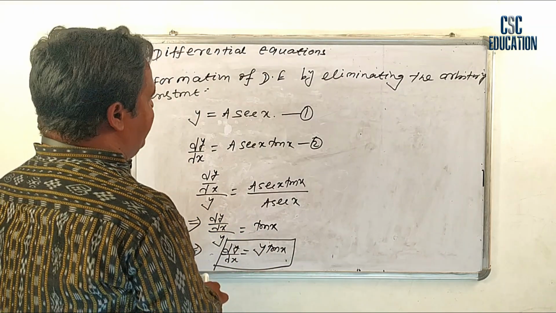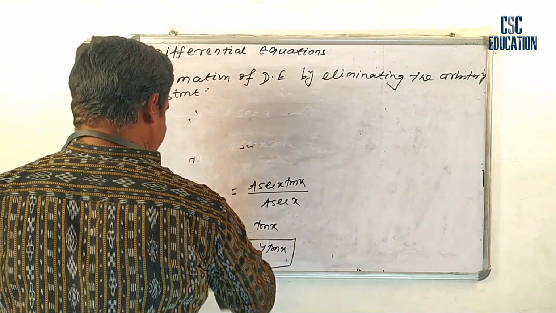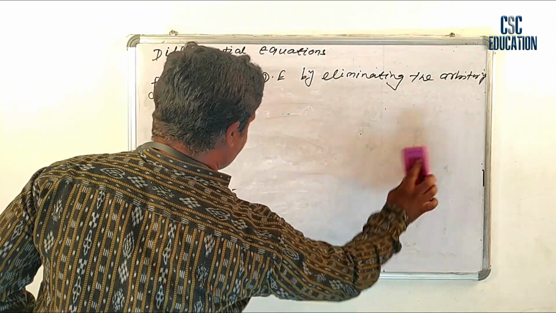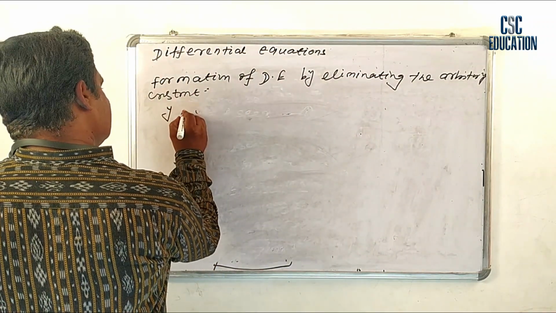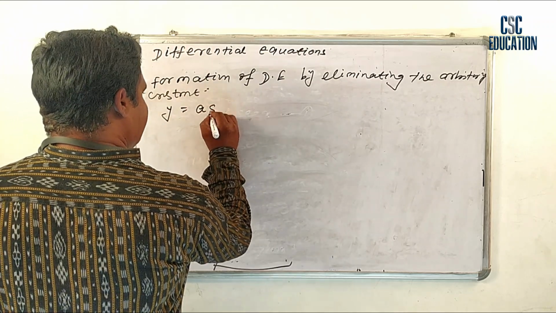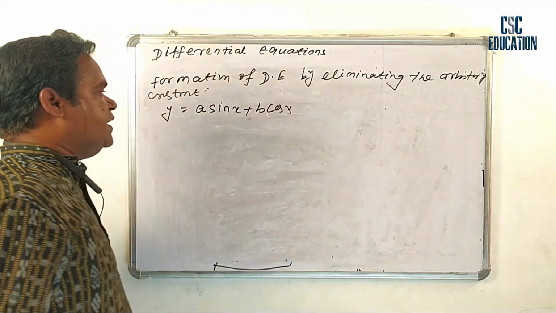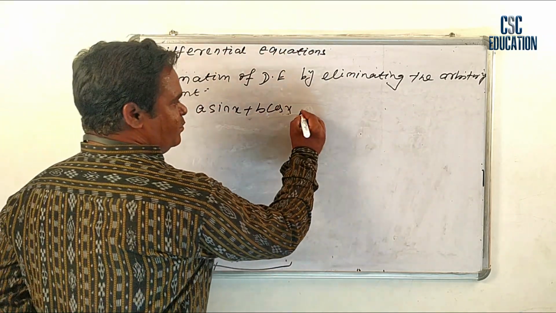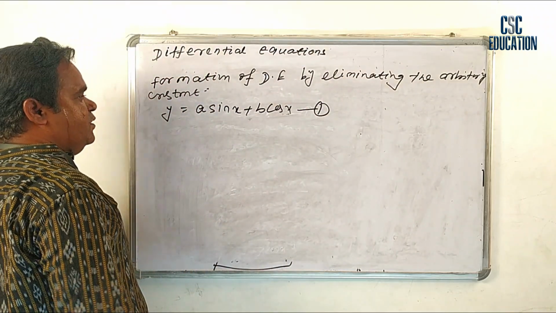Another question: suppose y equals a sin x plus b cos x. This is equation number 1.